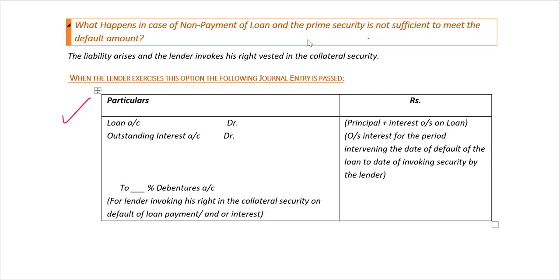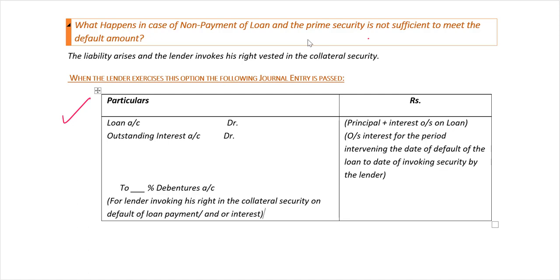We will debit outstanding interest account with the amount of interest for the period between the date of default of the loan to the date of invoking the security by the lender, and we will credit 9% debentures account for the total amount of default. Narration: for lender invoking his right in the collateral security on default of loan payment and or interest amount.